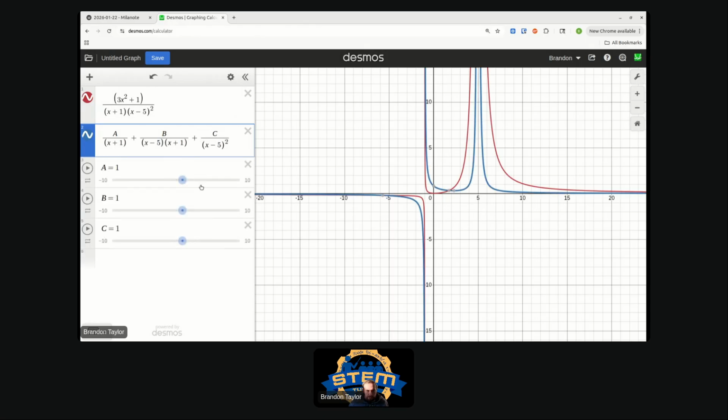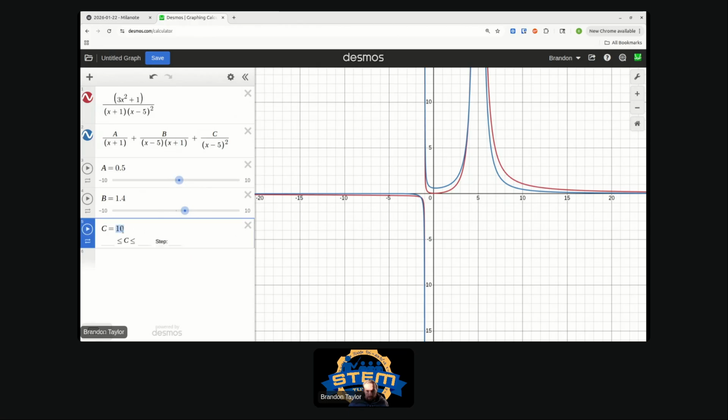For all these A, B, and C values, you can kind of play around with them. So it seems like A's got to be something like that. B, what are we going to do with B? Okay, so maybe stretch that out. And you can mess around with these more or less. Maybe we just got to increase that, so let's say 13, something like that. You can mess around with these values until you get something that works.